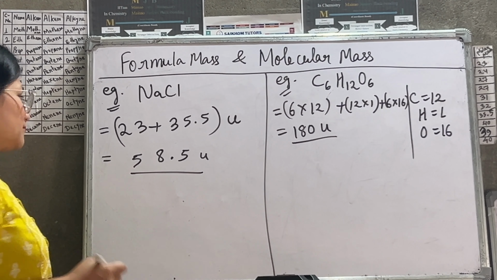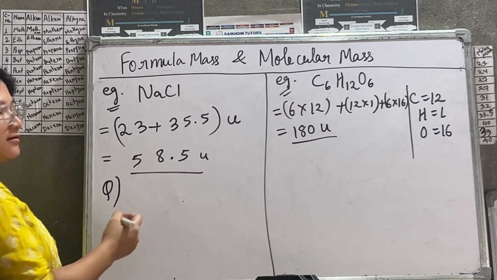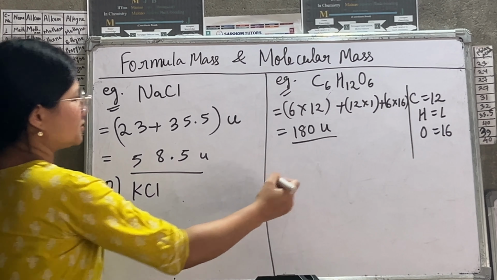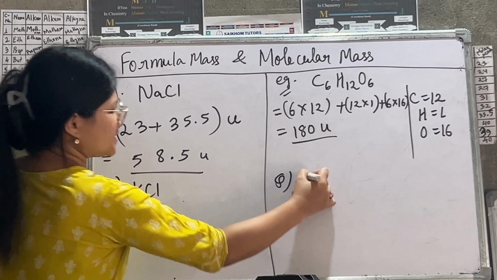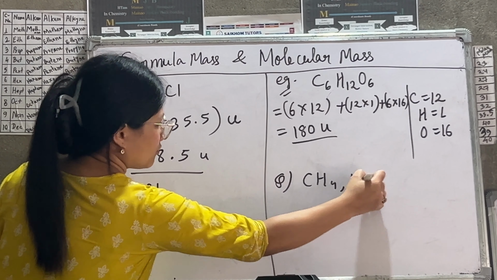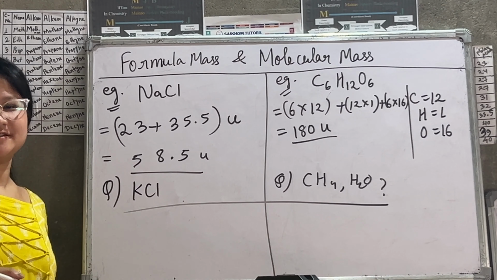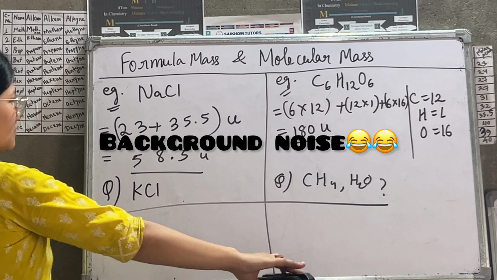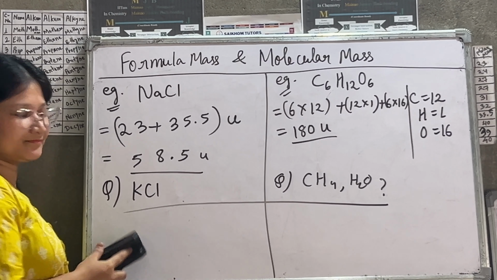Clear? Now calculate the formula mass for potassium chloride and the molecular mass for CH4 and H2O as homework. Okay? Done?